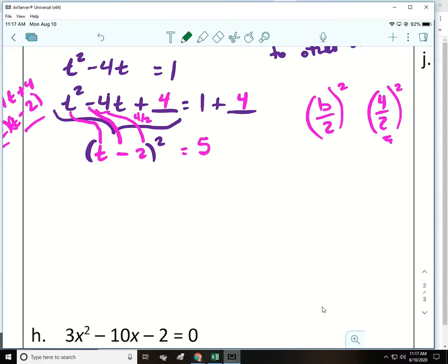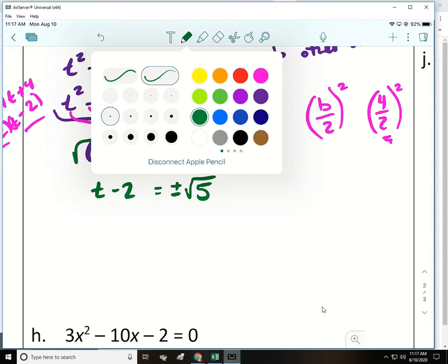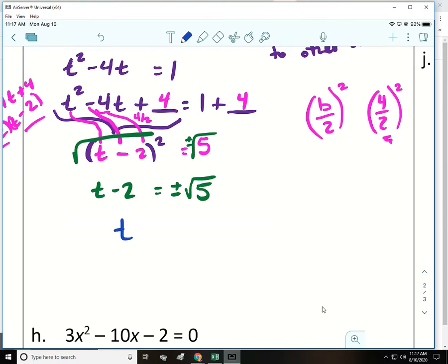So I don't want the square. So I'm going to take the square root of both sides. Now, please don't forget about the plus or minus. All right, and then I just have one more step, which is to move the 2 over.